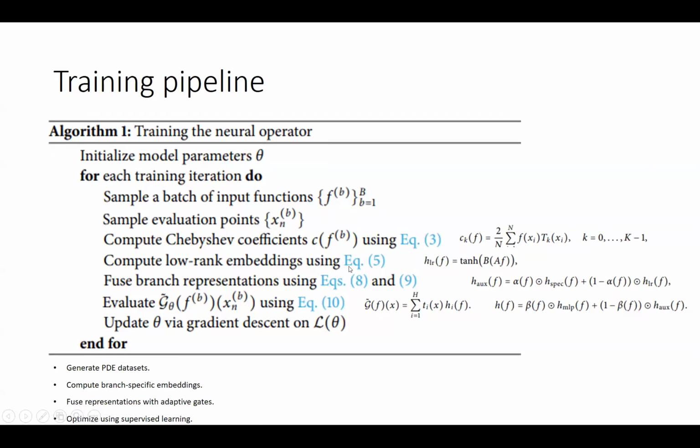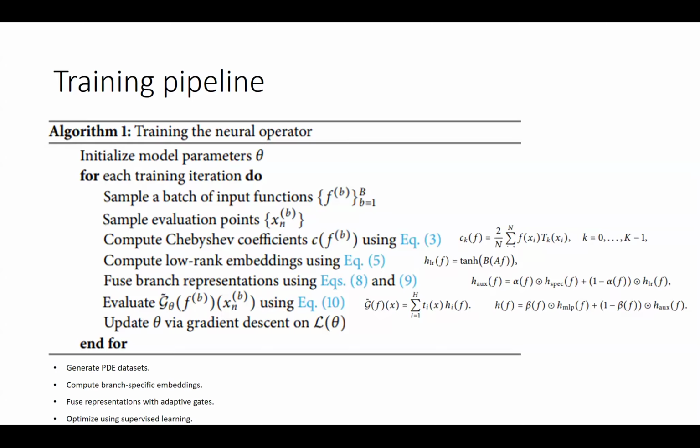And now we execute the hierarchical gating steps. We calculate the input-dependent sigmoid weights, and after that we simply calculate our aggregation function, and finally we compute our empirical loss against the ground truth numerical solutions.